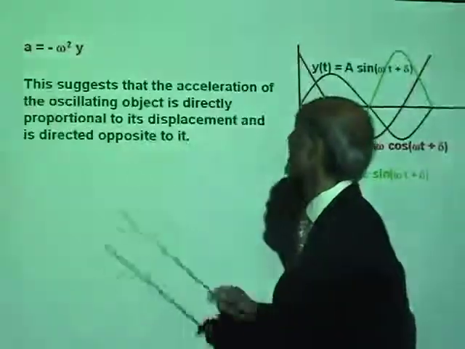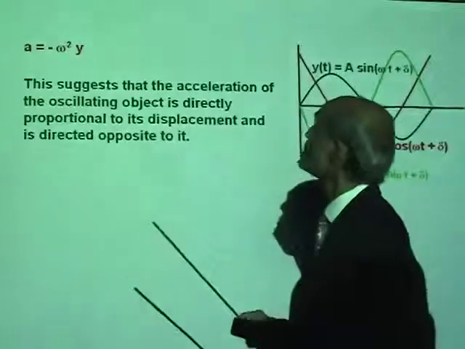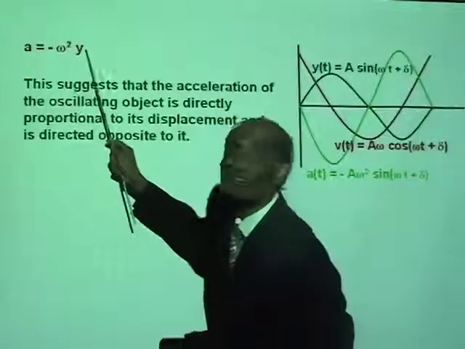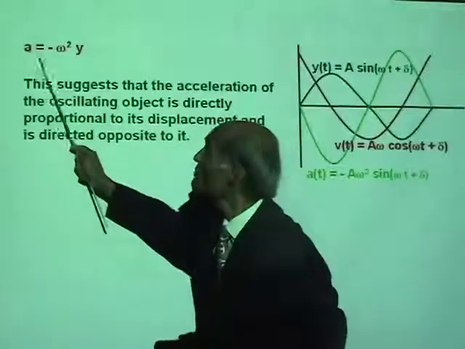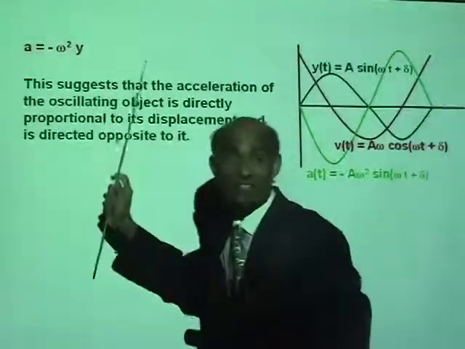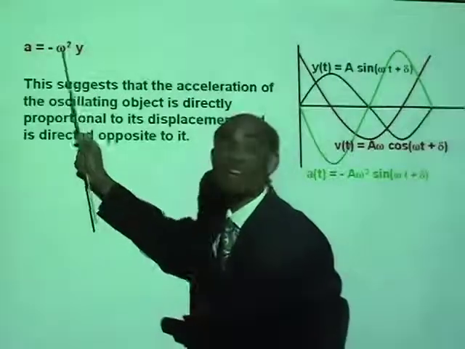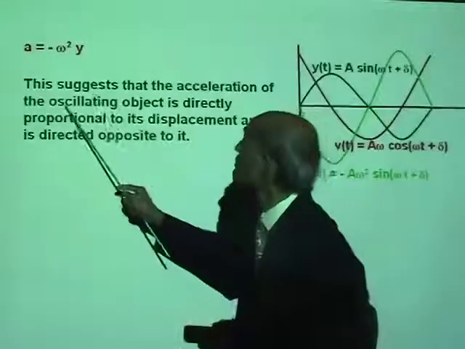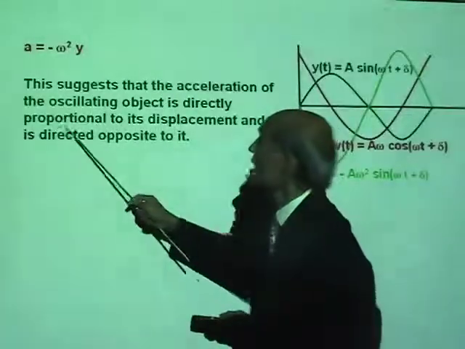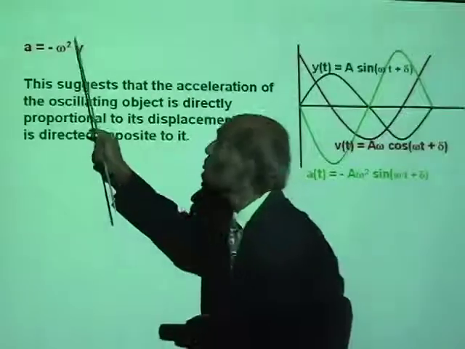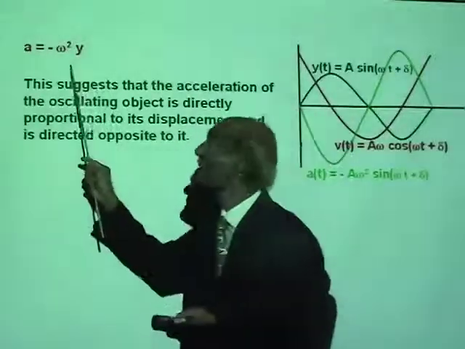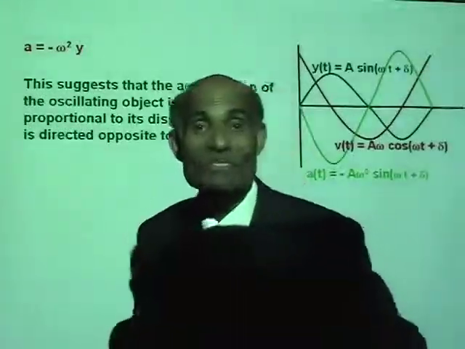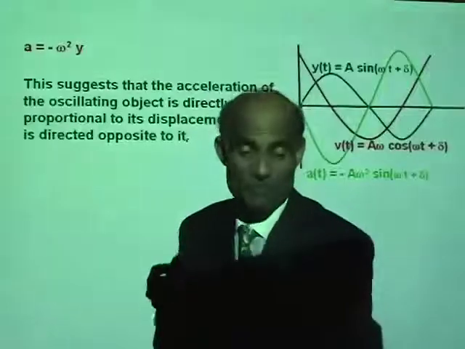This suggests that acceleration of the oscillating object is directly proportional to the displacement. Is that right? Acceleration varies directly as the displacement because omega is a constant. So this equation suggests that acceleration of the oscillating object is directly proportional to the displacement and is directed opposite to it. That means, what is the direction of the acceleration?